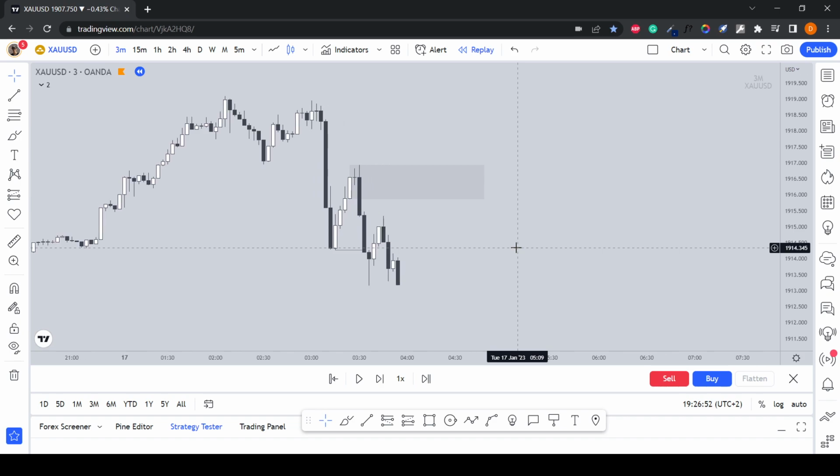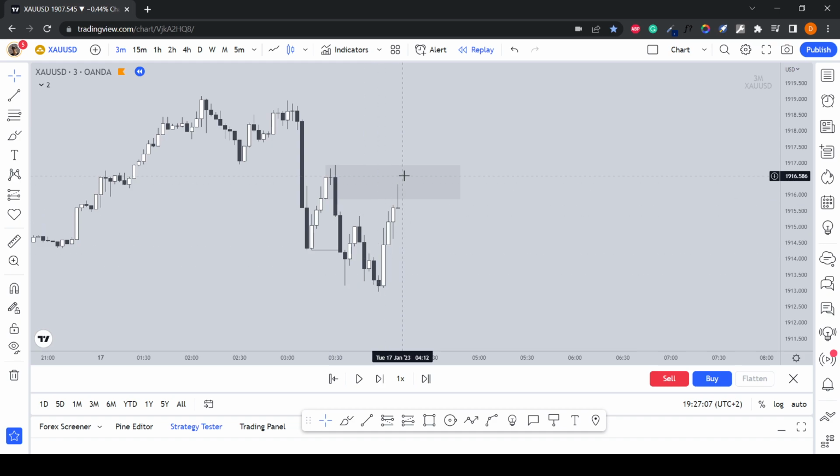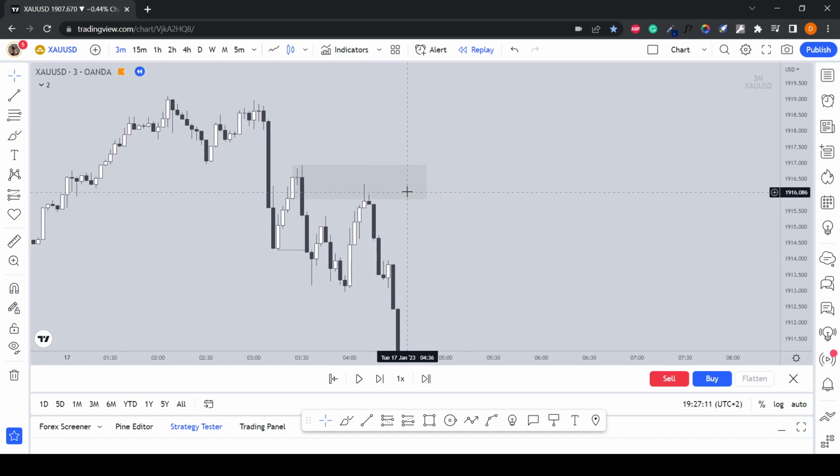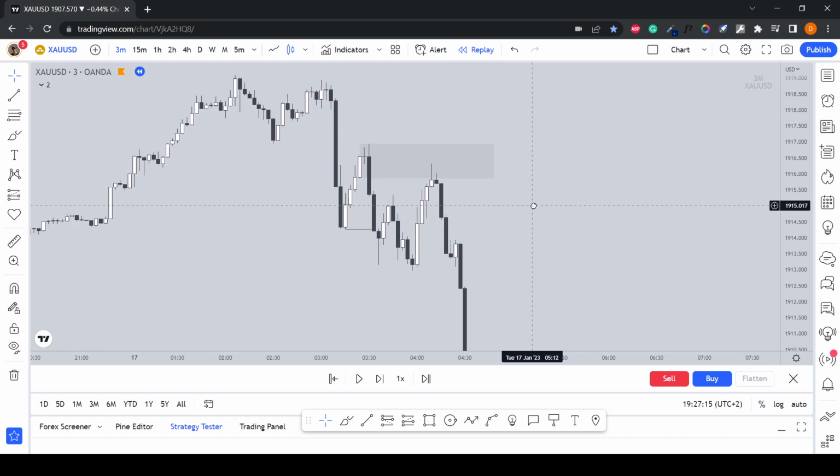So as you can see in this example, price never created a new break, so stayed inside this newly created range, and eventually it mitigated the zone, as you can see, and fell away from it. So this is an example I found for you with unmitigated zone.